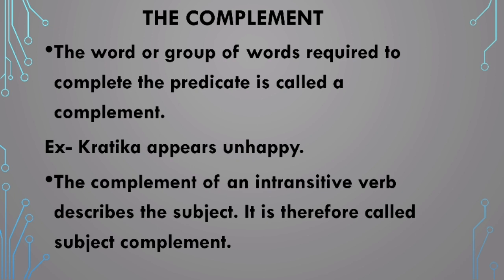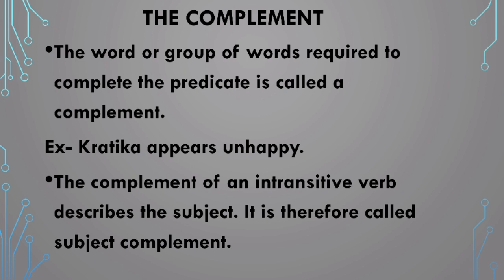Okay. Now just see. Complement of an intransitive verb describes the subject. अच्छा, transitive verbs तो वो होते हैं जिनको objects चाहिए होता है to complete its meaning, right? Intransitive, which do not require an object to complete their meaning. Okay? So, complement of intransitive verbs जो होते हैं, they describe the subject. वो क्या करते हैं? Subject को describe करते हैं. That's why they are called subject complement.